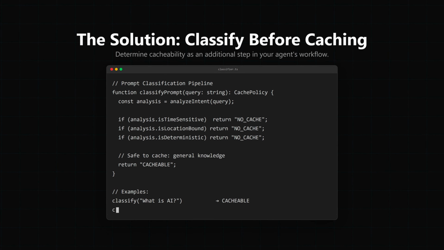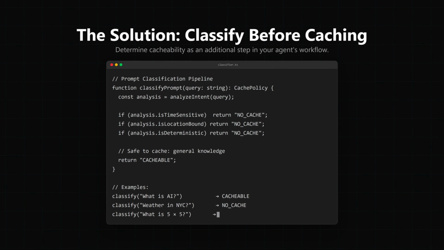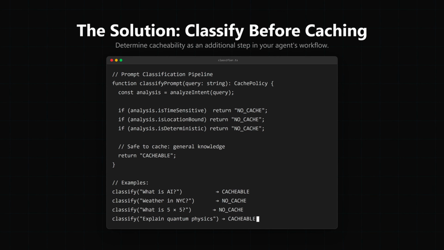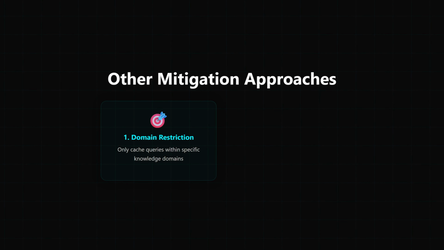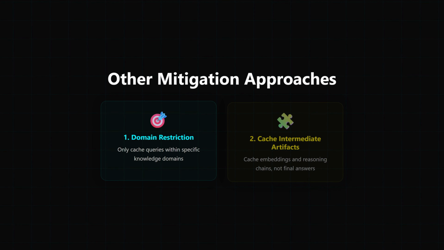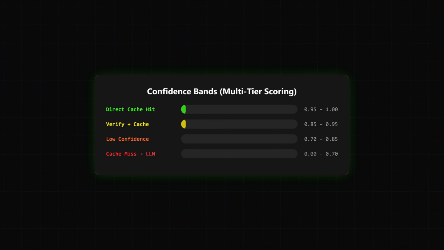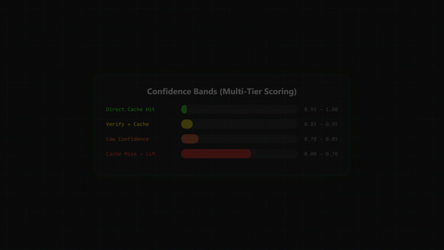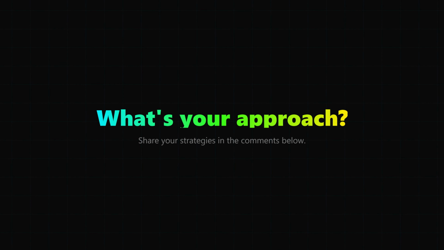And you can determine the cacheability of the prompt as an additional step in your agent's workflow. There are other methods for tackling this issue in different ways. For example, restricting the semantic cache to specific domains like refund policies or FAQs, caching intermediate artifacts instead of the final answer, or using a confidence band instead of a single threshold. I'm really curious to read more about your approaches in the comments though.